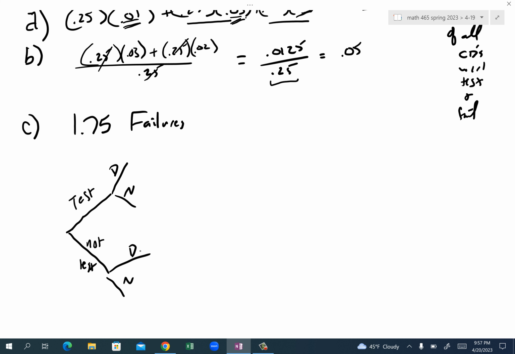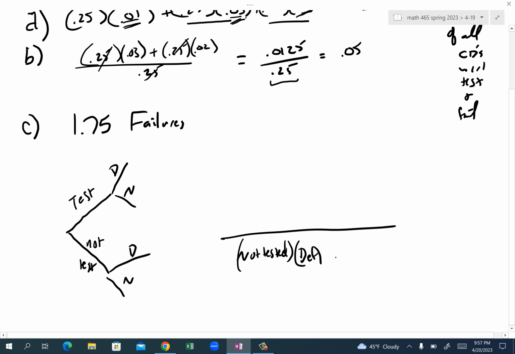Well, there are defectives out here. So in other words, they could either be not tested and defective, or tested and defective, over, and then of course we're interested in tested and defective.